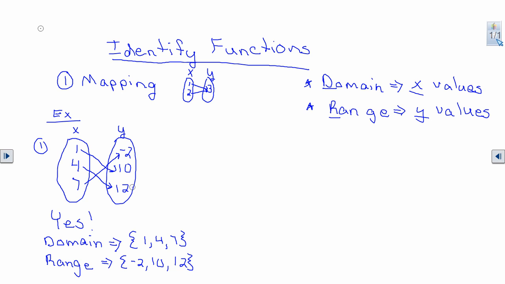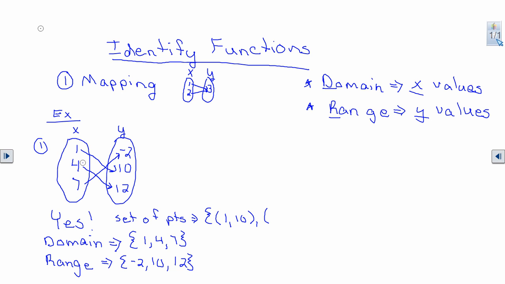If I was asked to put this into a set of points, I'm running out of room, so I'm going to do it here. I hope that's okay. So if I had to do a set of points for this function, again, my set notation, my first point, 1 goes to 10. So the x is 1, the y is 10.